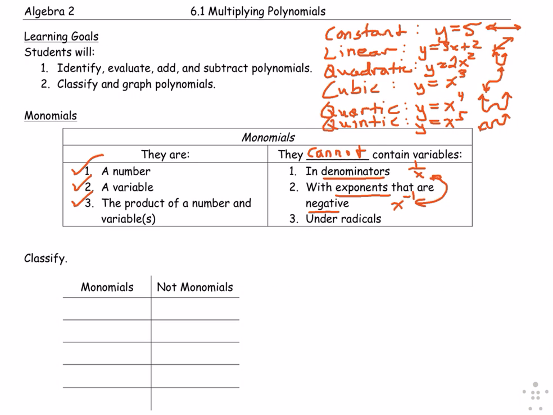And they cannot appear under radicals like this. That would look like half of a parabola on its side. That's the inverse of a quadratic, because this is the same as having an exponent of 1/2, so you can't have fractional exponents, you can't have negative exponents, and you can't have variables in the denominator. So basically you have to have a variable as your base raised to an integer exponent.